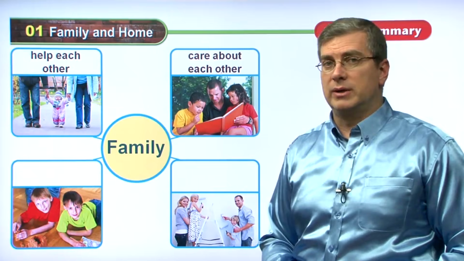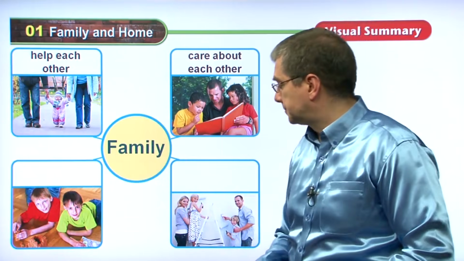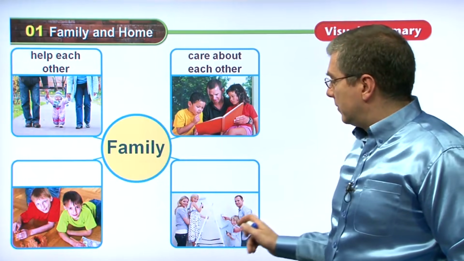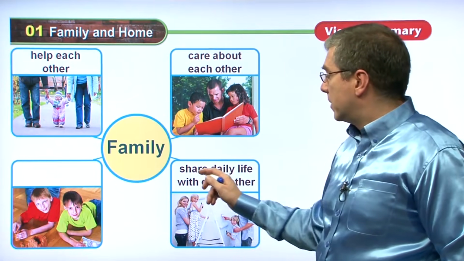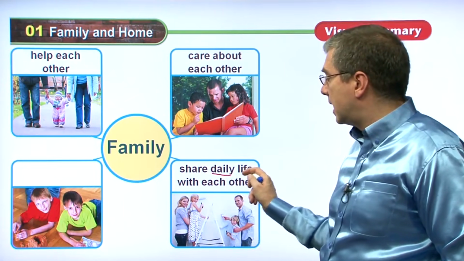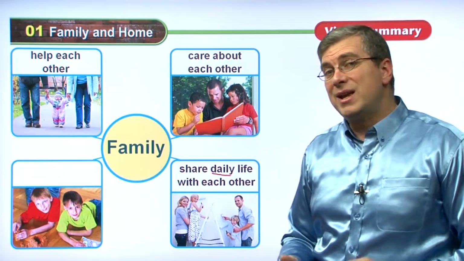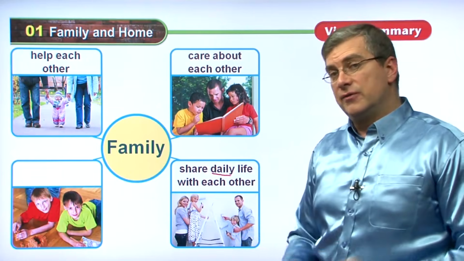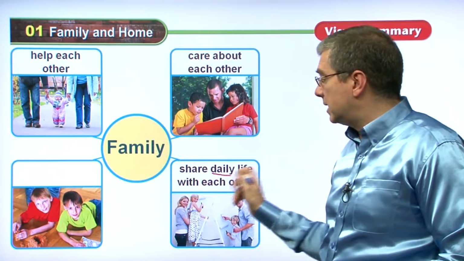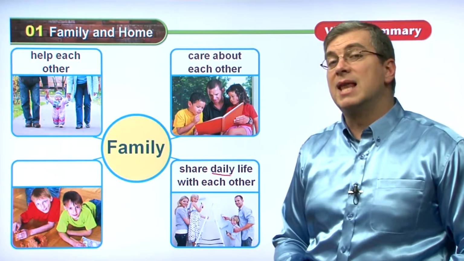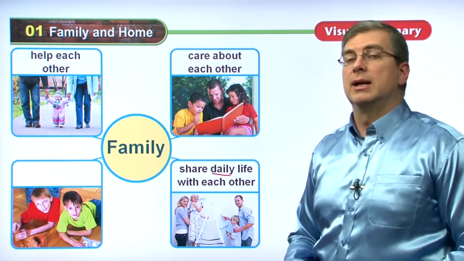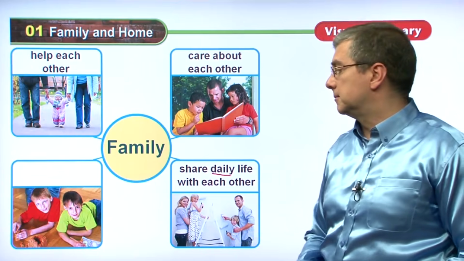It's an important part, again, of a family. Now, when the family gets together and does things together, they are sharing their daily life with each other. Family members will share their daily lives with each other. And that's an important part of family as well.